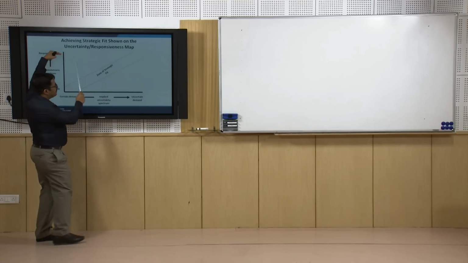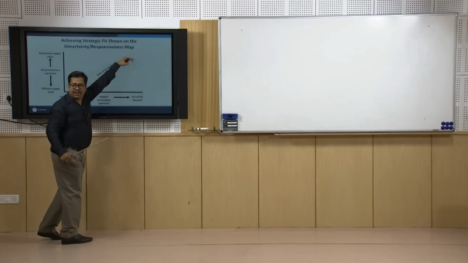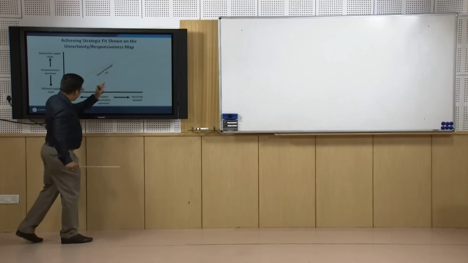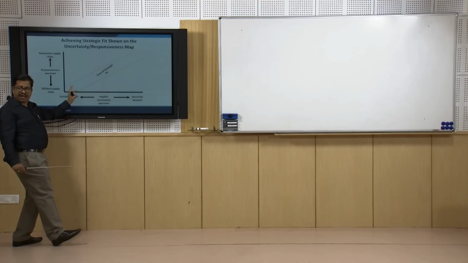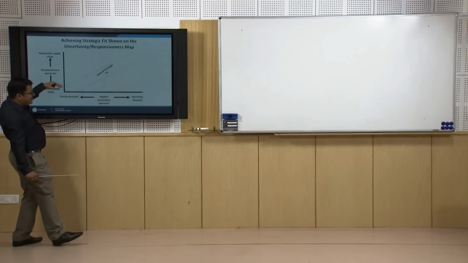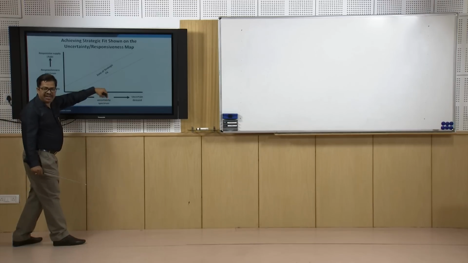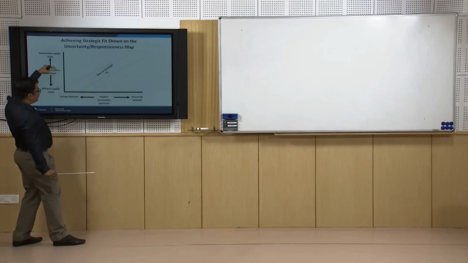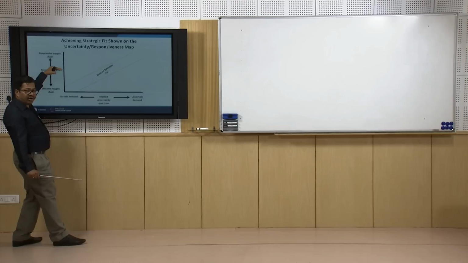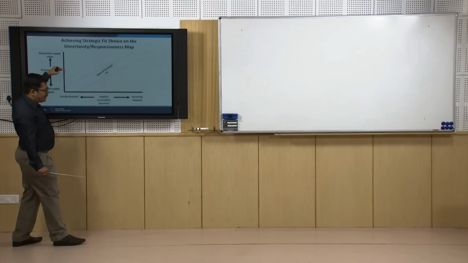So, a more responsive supply chain is the answer to uncertain demand, and if I have a certain demand, then the efficient supply chain is the answer to that certain demand. And for any intermediate location, you can appropriately find a suitable level of responsiveness of the supply chain.